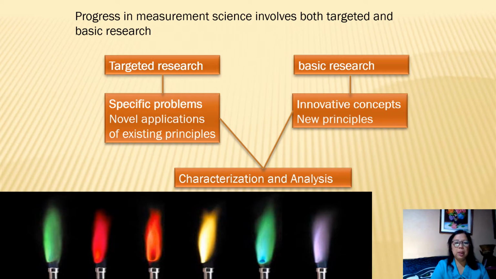There are different shades of other colors here. You have here the red and you have here orange. If you are not careful in your analysis, you might consider this as orange. And of course, this is yellow and this is violet. If the background light is too intense, the yellow color can also become white.